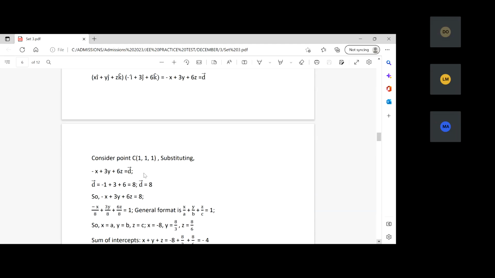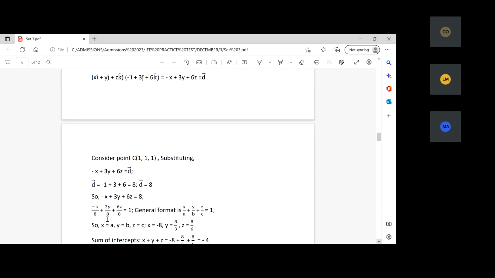So once you have this value, as you have the idea about the general format, what is the general format? It's x by a, y by b, z by c. You can express it in this way. It's minus x by 8 plus 3y by 8 plus 6z by 8, which is equal to 1. So you have this equation. Now what can be the values of x, y and z?